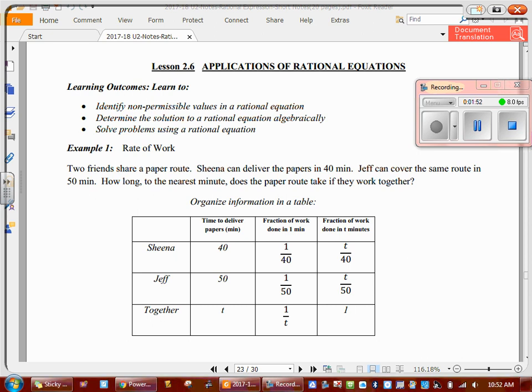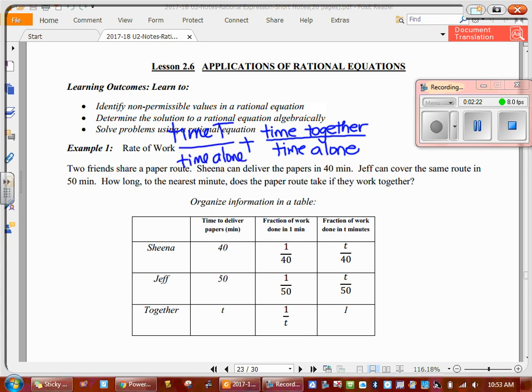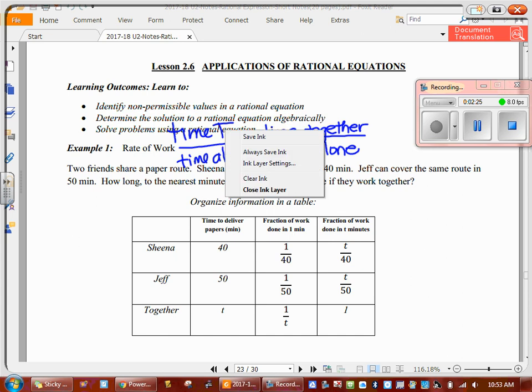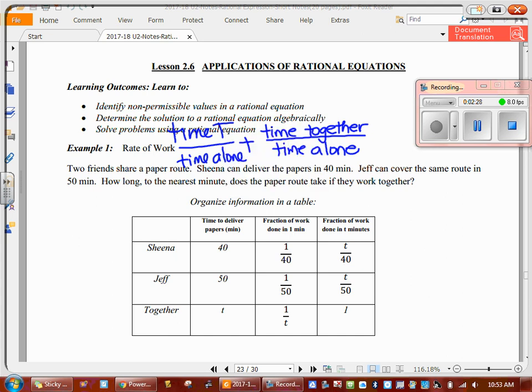The way we generically write this is we're going to have time together over time alone, plus time together over time alone, all equaling 1.